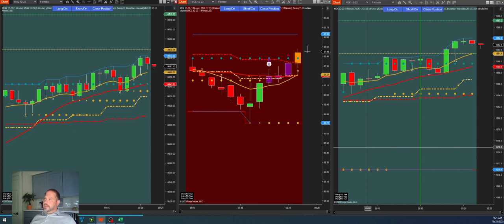So if you know it, you're going to figure out, okay, this has touched this line too many times, there's not enough room for the amount of profit that we're looking for. And obviously closing above an EMA is going to invalidate trades. So you start to kind of figure out how the trades happen.